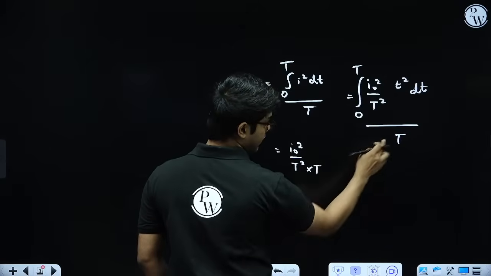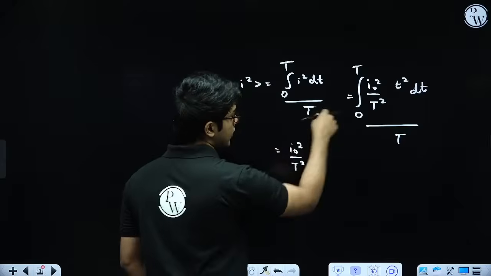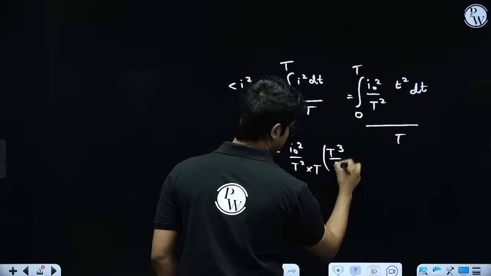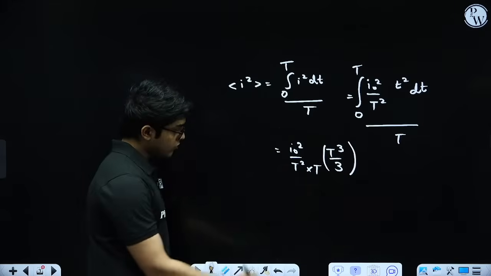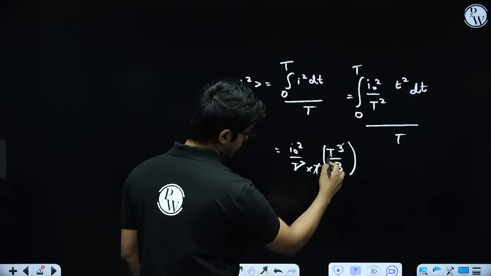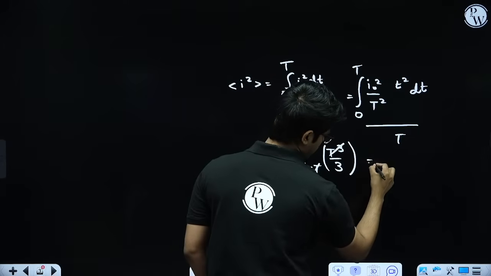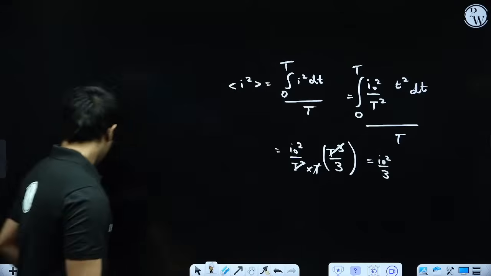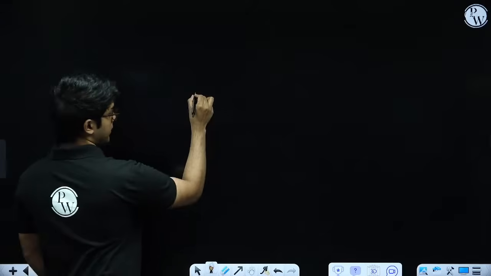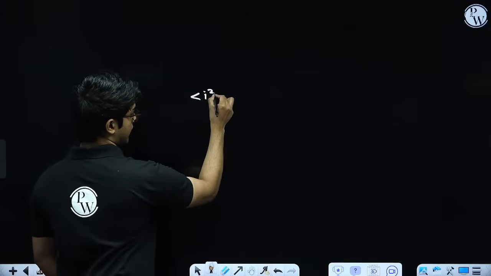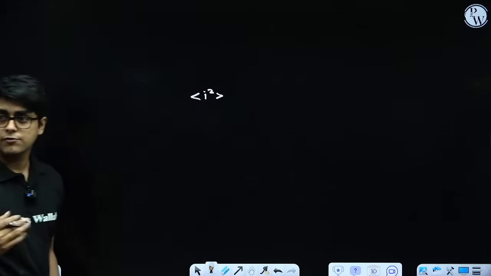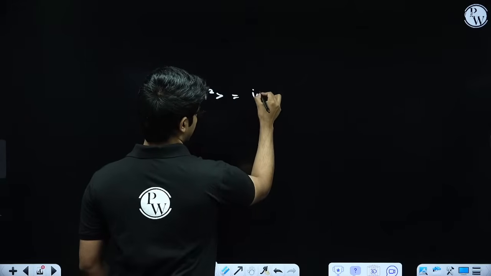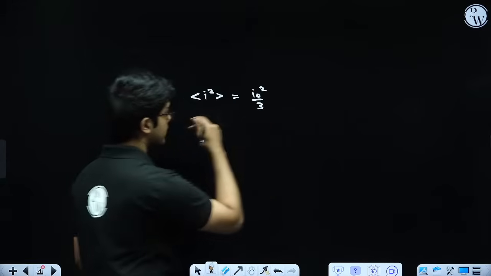There is also a T in the denominator, so the T cube cancels out, and the final value becomes I naught square divided by 3. So we just determined that the average value of I square in the interval from 0 to T is I naught square divided by 3.